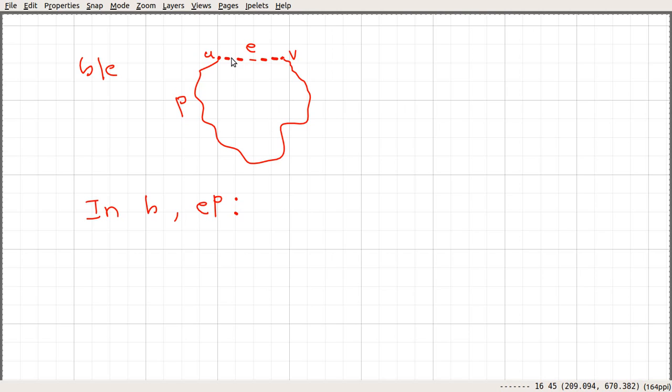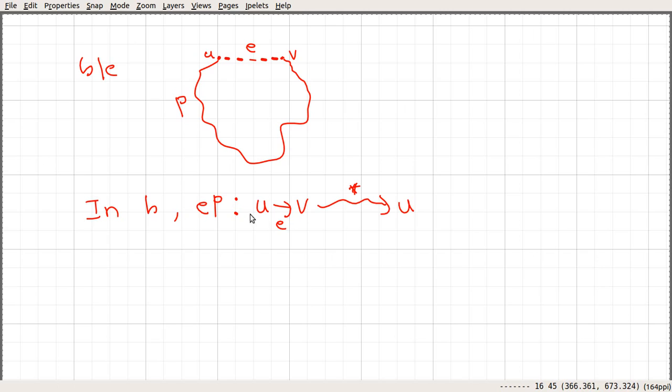Using this edge you can move from U to V, and using this path P, from V you can go back to U. And this is a cycle.